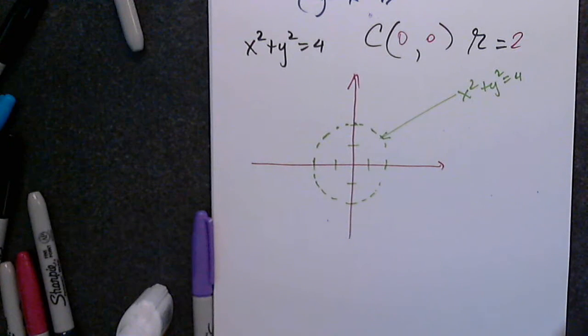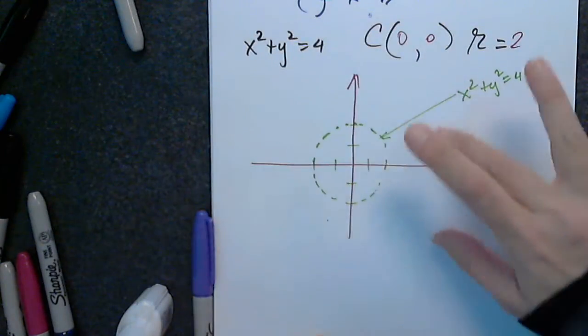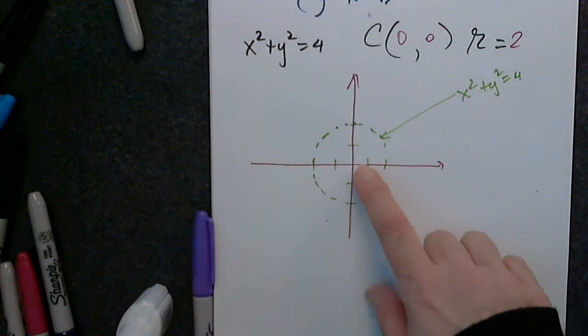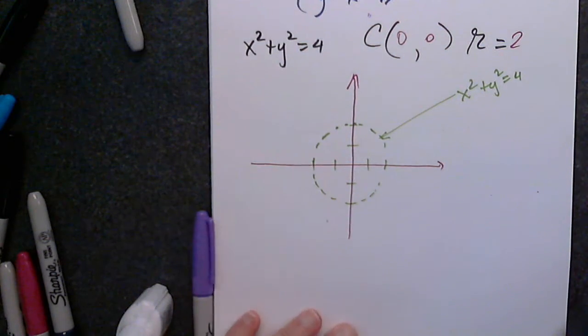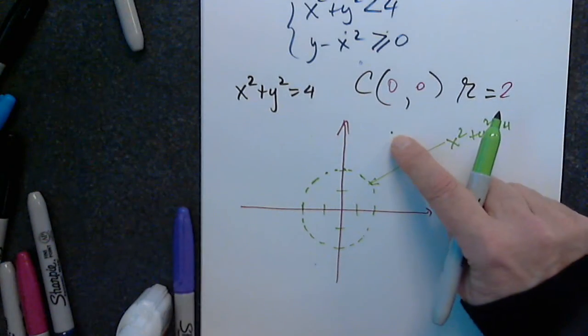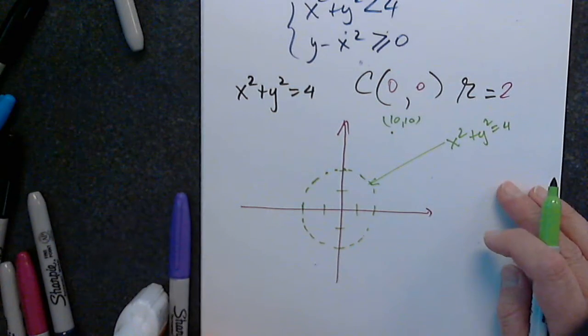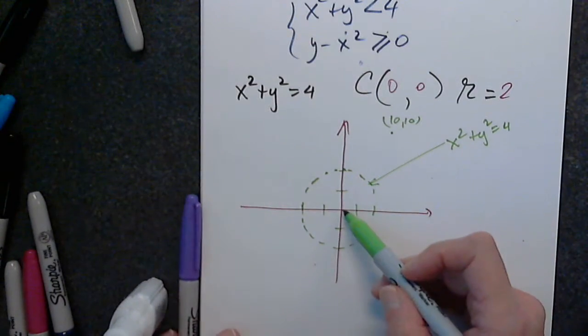Good. Now I see that the circle divides the entire plane into 2 regions, the inside one and the outside. But the idea is the same. I'm going to check the inside of the circle with the origin, because that's the easiest thing to do. Can you use the point 10, 10? Yes, but why would you? 0, 0 is the best.